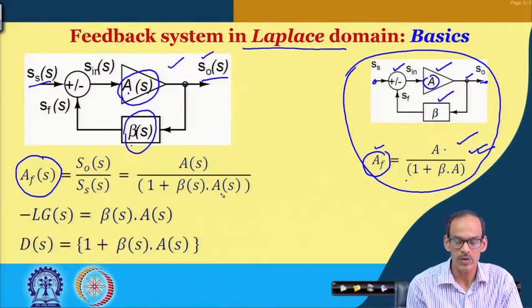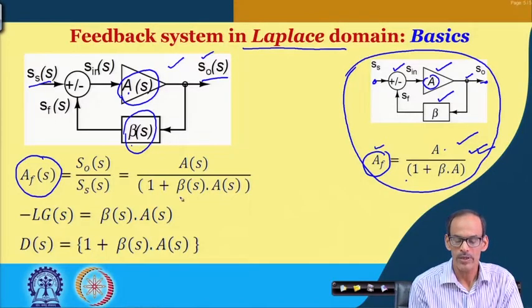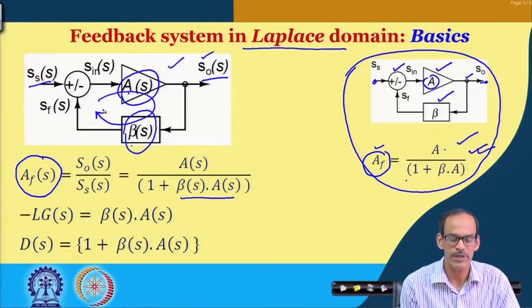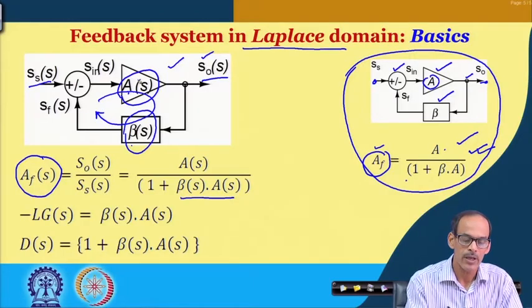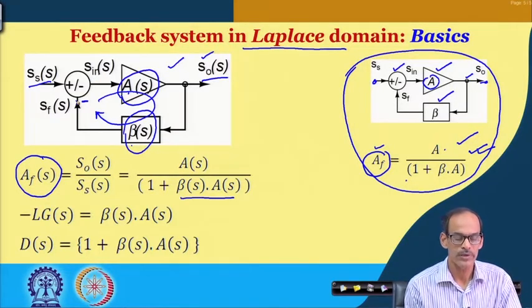You may also recall that minus A into beta is the loop gain, namely, once you go through this loop, whatever transfer function the signal experiences is A beta, with a minus sign here, since we have a negative terminal here.